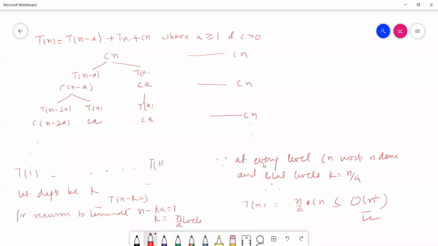So if you want, you can note it down fast. Then I will switch to the next one.